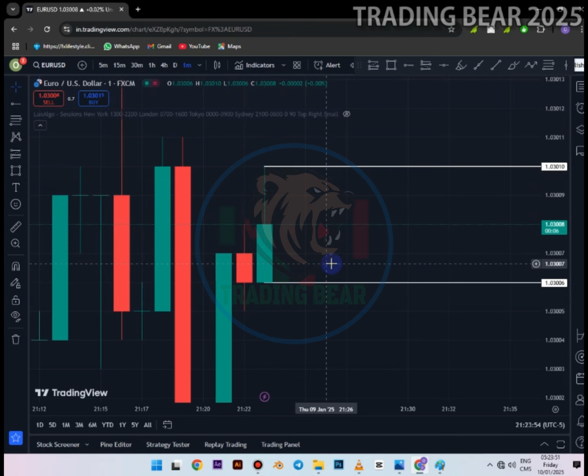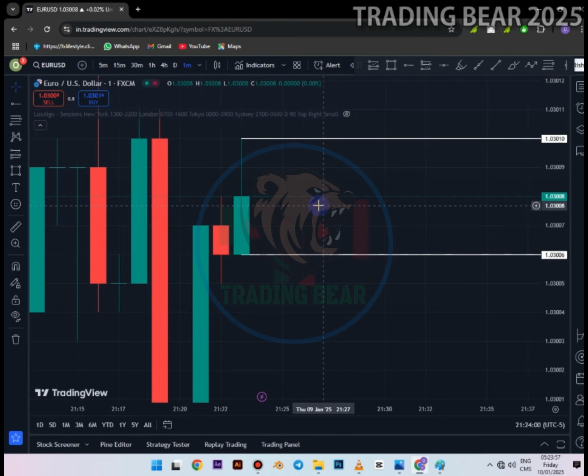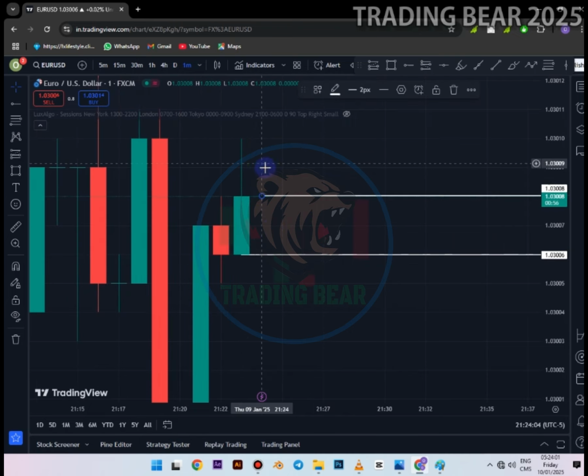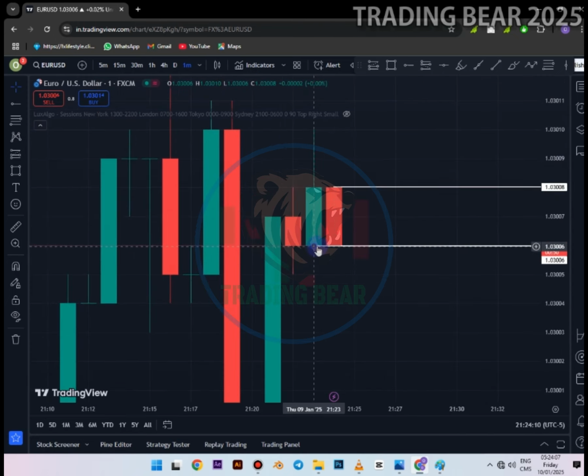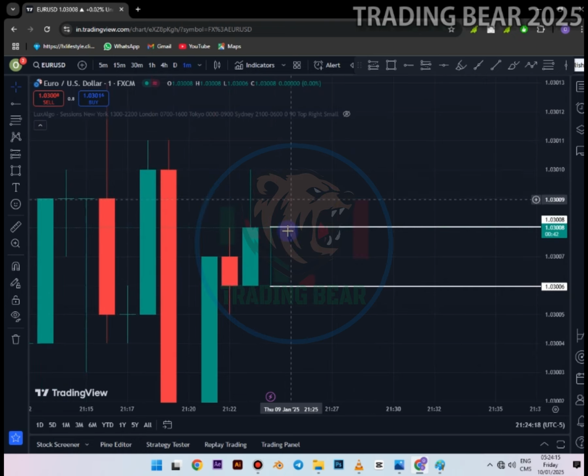Right, another one opening. Above it will be bullish, below it will be bearish, as I told you. So if it stops here and retraces back, it will leave a wick. All right, see all this wick. If it goes higher, it will leave this wick still.